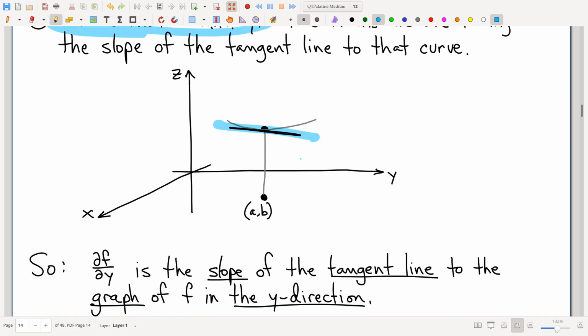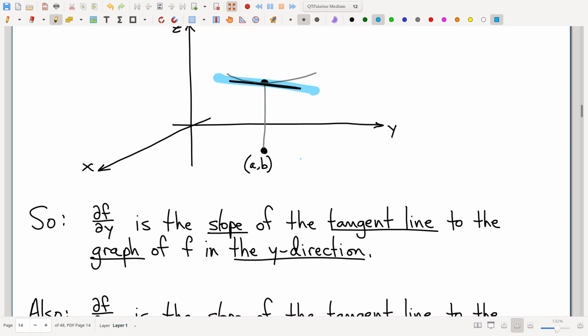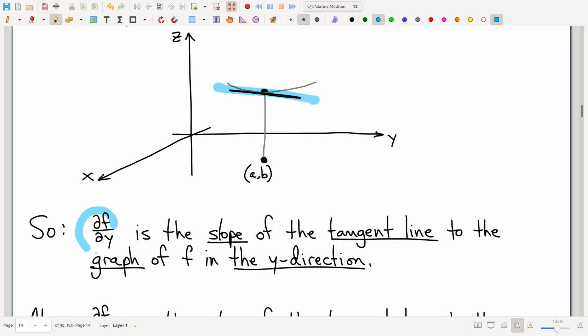This is the geometric interpretation of the partial with respect to y: slope of the tangent line. Very familiar, very relatable, right? That's exactly what we were hoping this would be. After all, we're taking a derivative of sorts and interpreting derivatives on graphs, and in a single variable that was literally slope of the tangent line. So good news, yes, this partial derivative is the slope of the tangent line. You just have to keep in mind the little details.